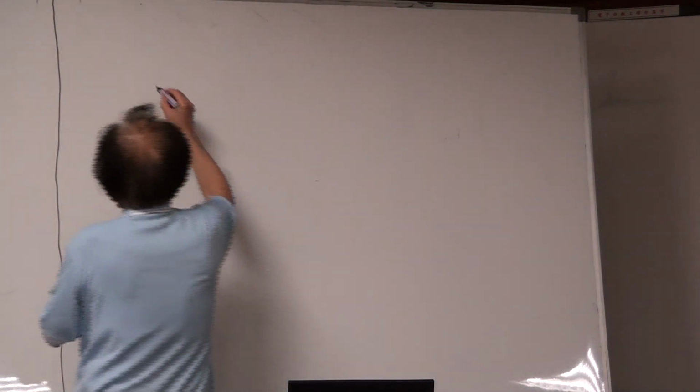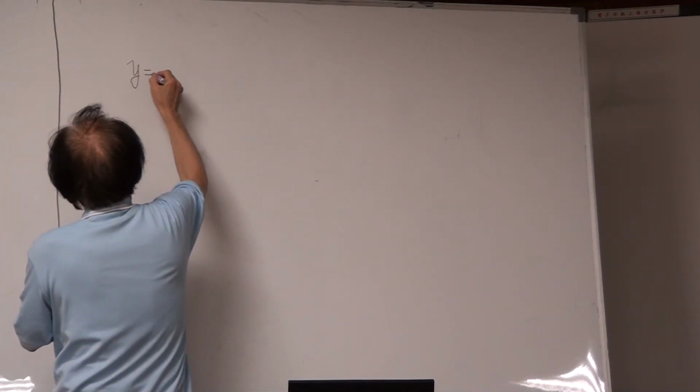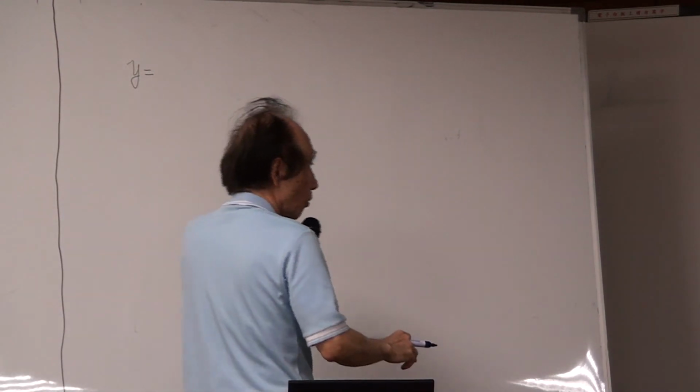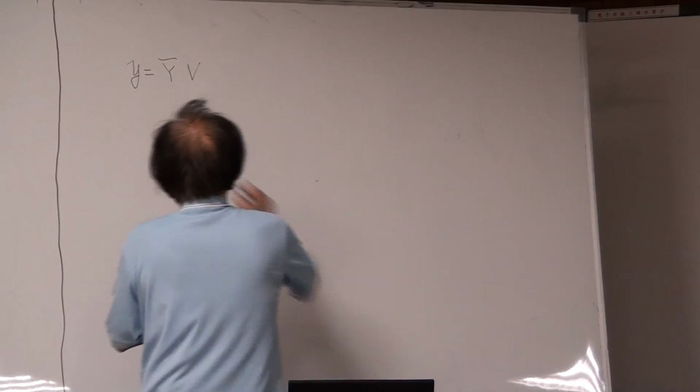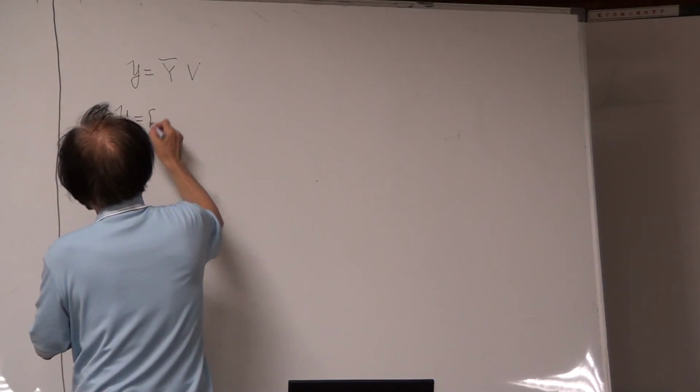If I define my V this way and my Y bar this way, putting all my unknowns beta 0, beta 1, minus alpha 1, beta 2, this way, then you will find that Y bar V equals Y. Let me write this. Now we have Y equal to Y bar V, where Y equals Y0.